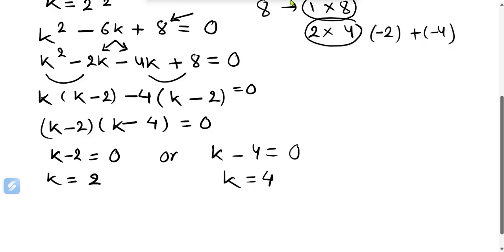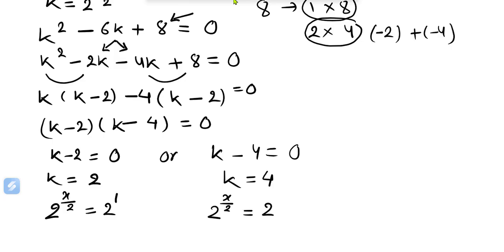Now we have the value of k from here because we assumed k is equal to 2 to the power of x divided by 2. So the value of k is 2. The power is x divided by 2, and we can write this 2 as 2 power 1. Here same, k is 2 to the power of x divided by 2, and this is 2 squared.